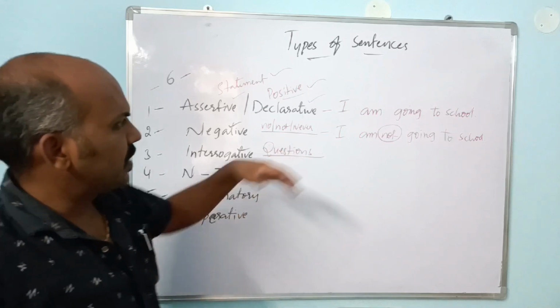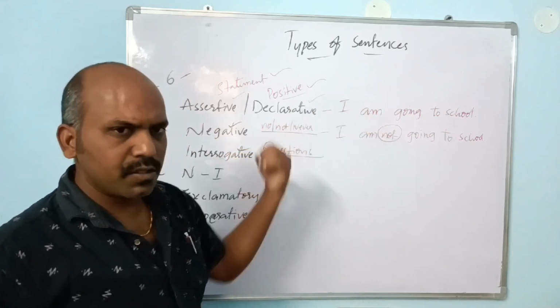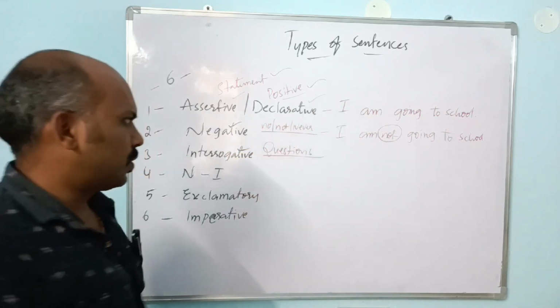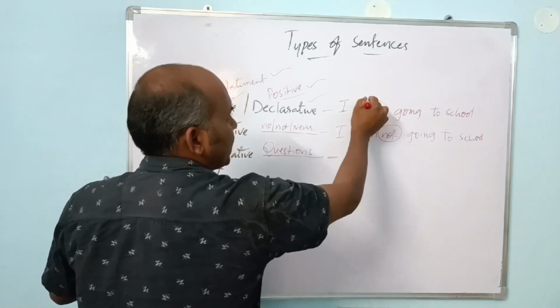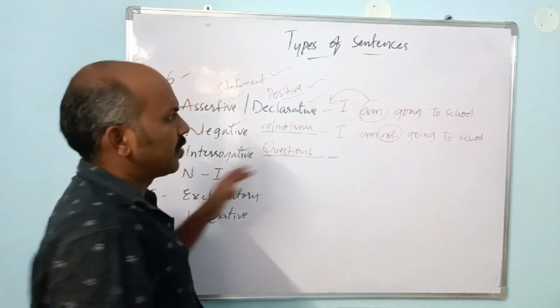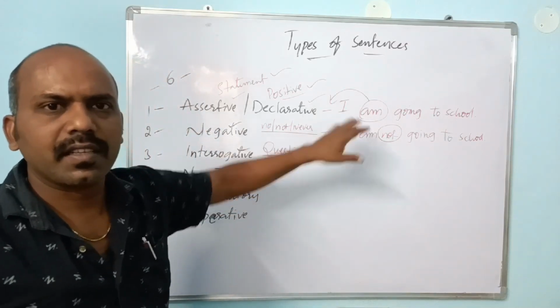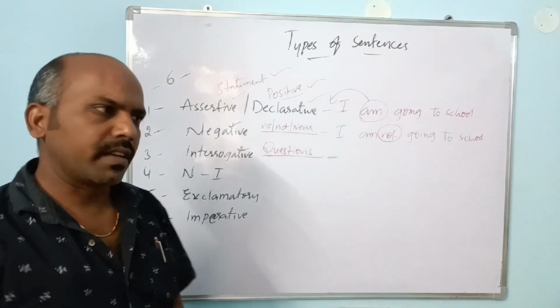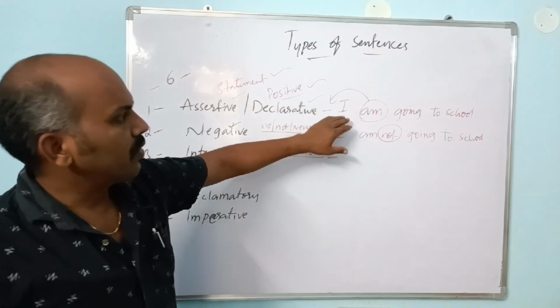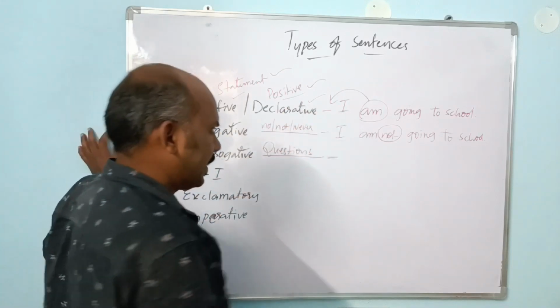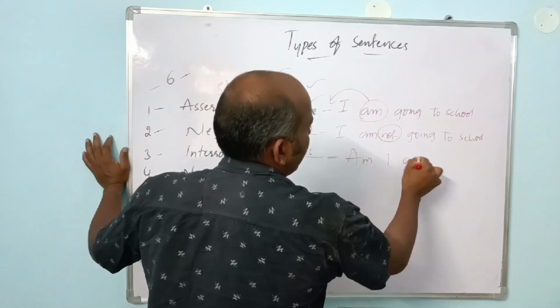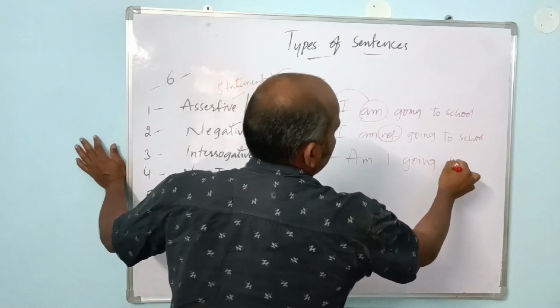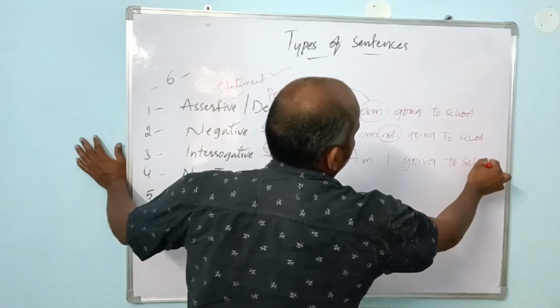And we can change a statement into an interrogative, where there is an auxiliary. If we take it just in front of the subject, then it turns into interrogative. Now, the interrogative of I am going to school is: am I going to school.